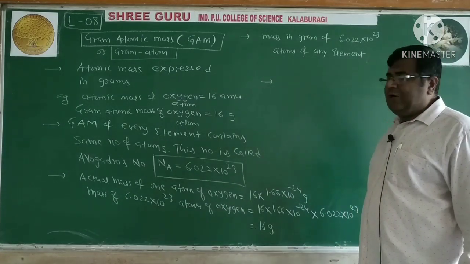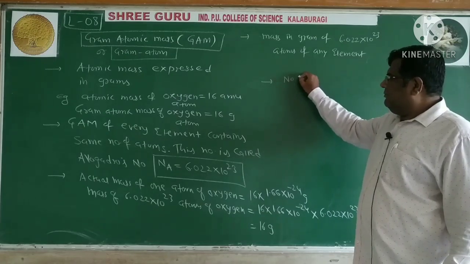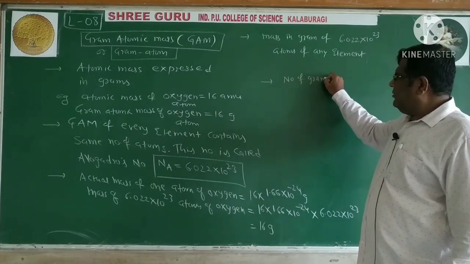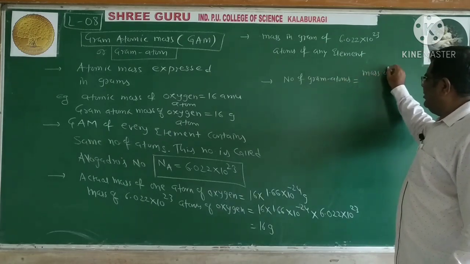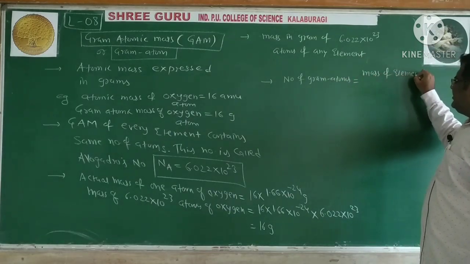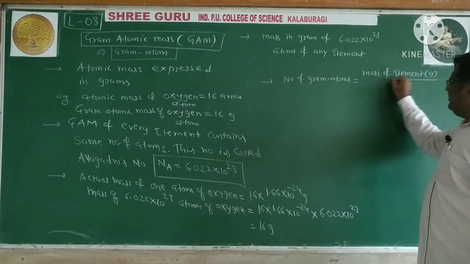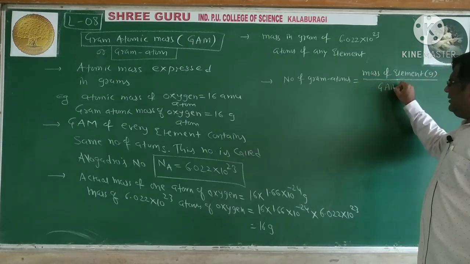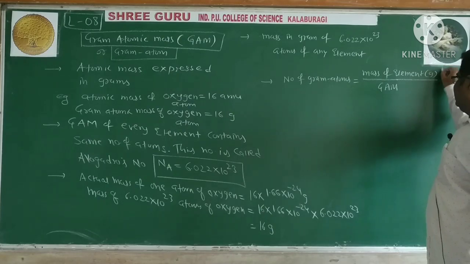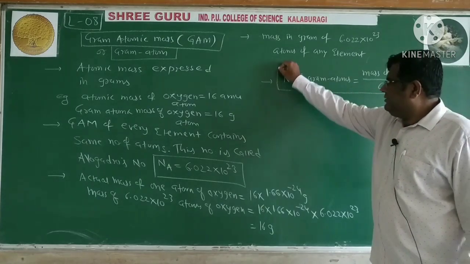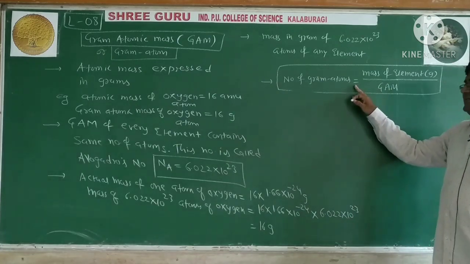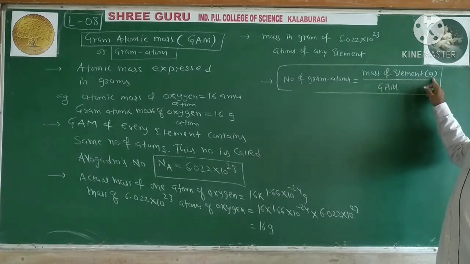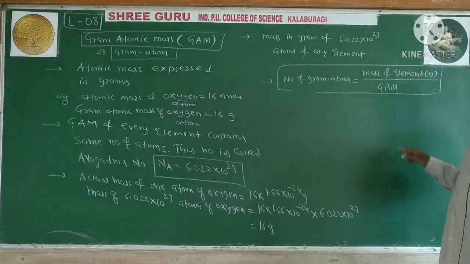And one last formula we can say, number of gram atoms is equal to mass of element in gram divided by gram atomic mass. We use this formula in calculation. Number of gram atoms of element is equal to mass of element in gram divided by gram atomic mass, which is again in gram only.